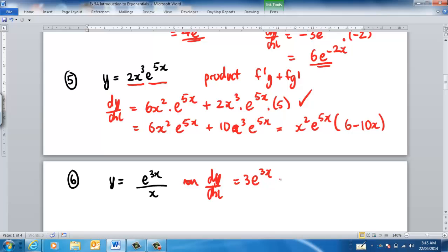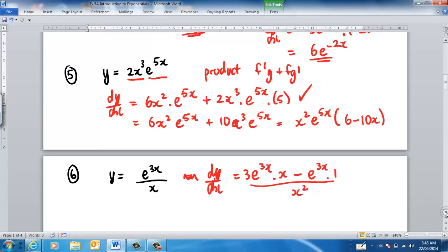Now, I'm going to put x out the front. Once you get the hang of this, you'll get really quick at doing that. And then I have to times it by g, which is simply x. Take our f function, e to the 3x, times by our derivative of that, which is going to be 1. And that's all over x squared. Alright, so you get the idea?